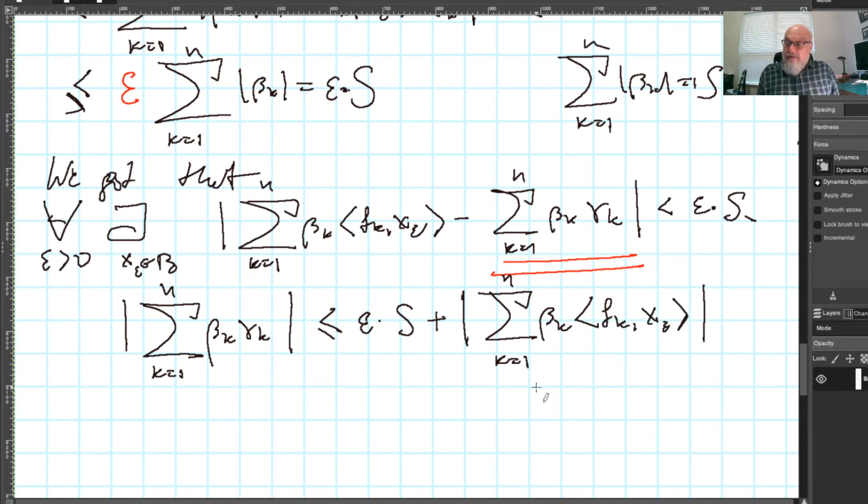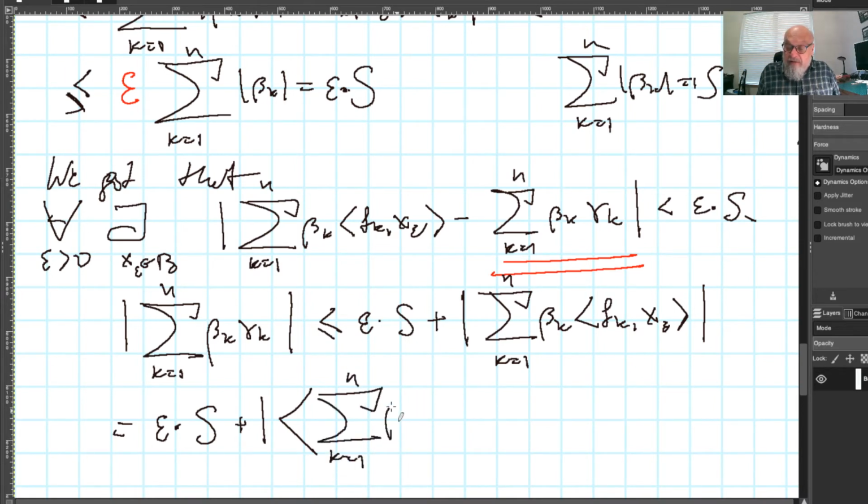I look at that one and say, oh, I can actually rearrange it a little. I put the absolute value here with the big sum inside: the sum over k equals 1 to n of beta k f k, applied to x.